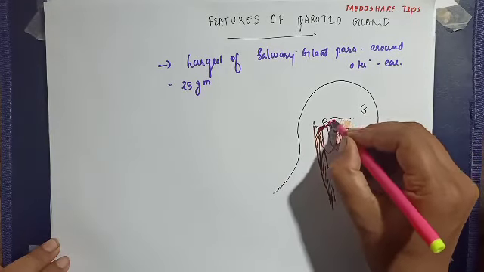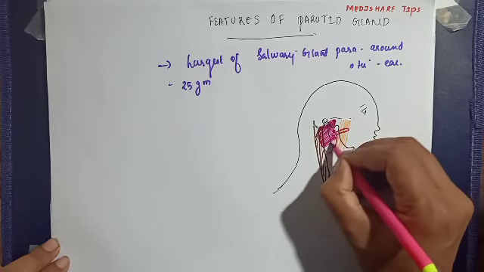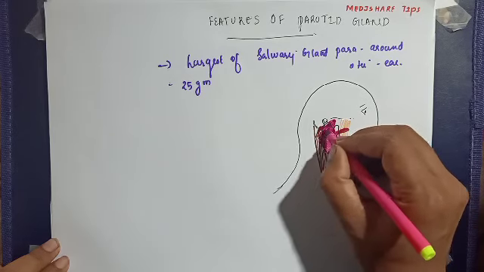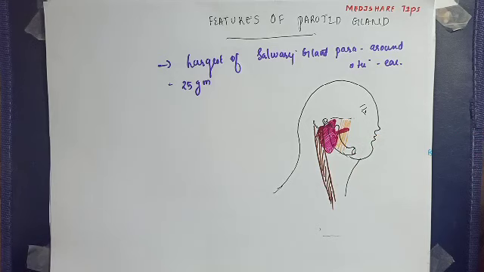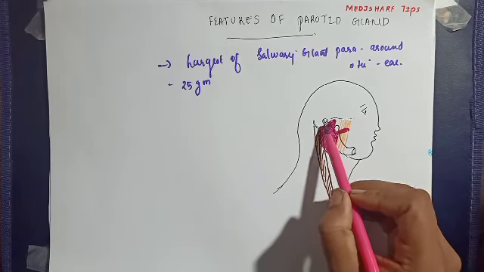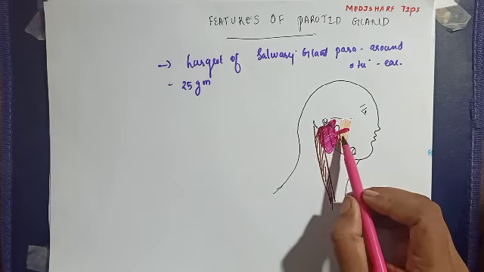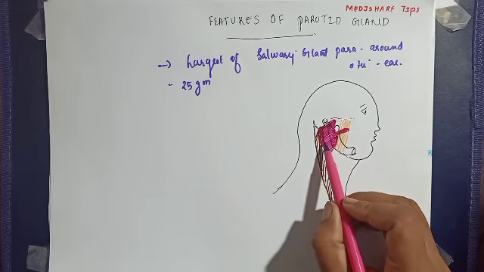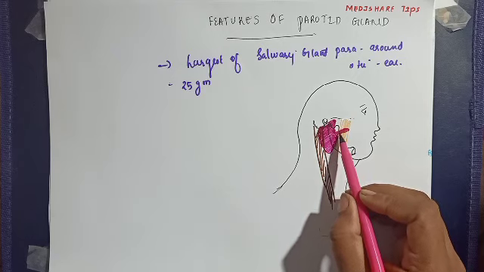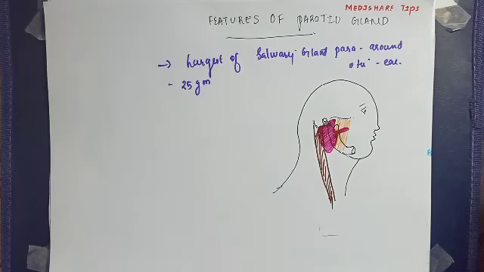The gland is located between the sternocleidomastoid and the ramus of the mandible and below the external auditory meatus. And it is actually overlapping the ramus of the mandible and the sternocleidomastoid muscle, and also it is seen overlapping one muscle here, that is the masseter muscle.